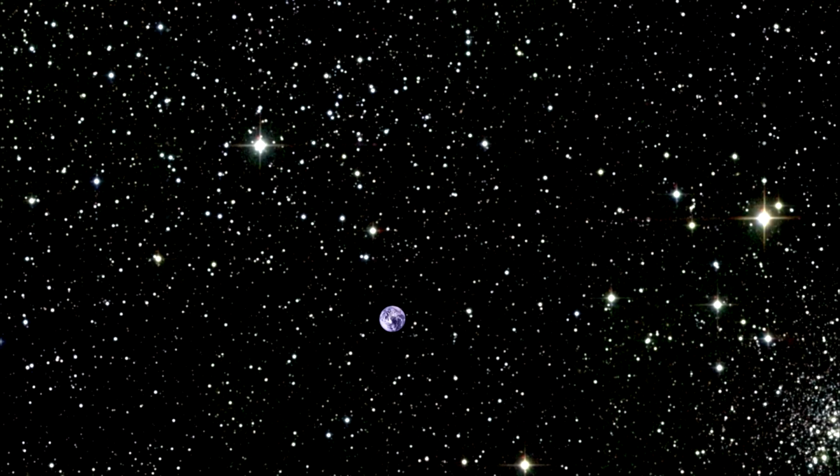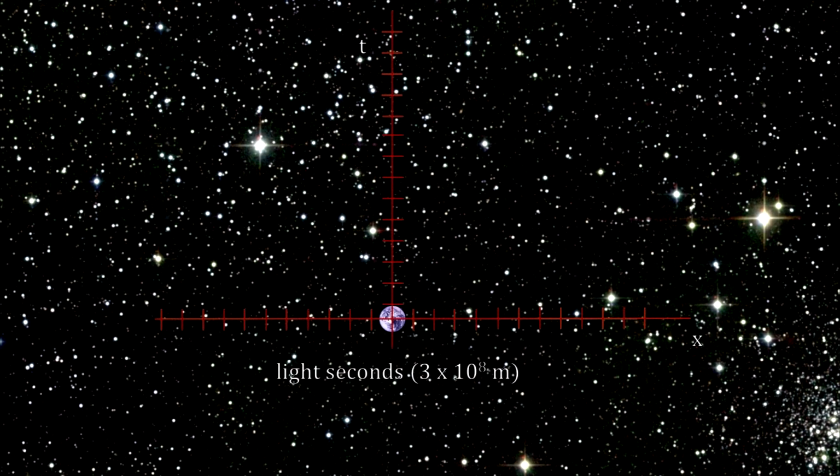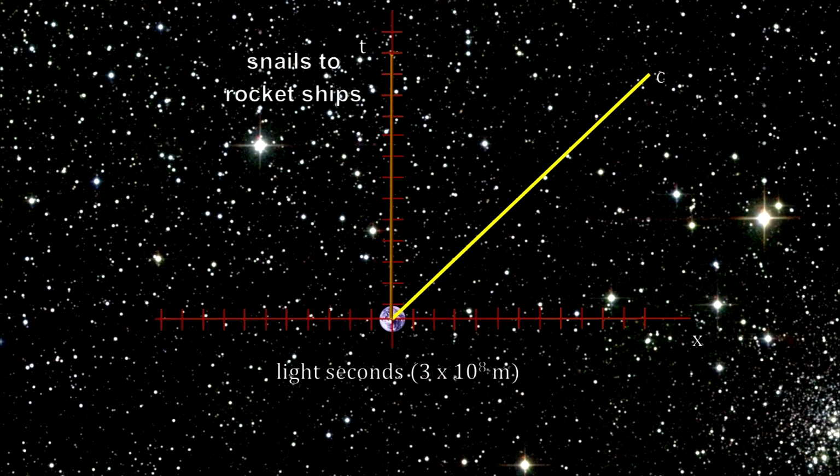We can now graph light using our space-time coordinates. For this, we use the distance light travels in 1 second for the units on the x-axis. This gives us the line running diagonally up the right side for light moving in the positive direction. At this scale, we cannot distinguish between the speeds achieved by snails, animals, cars, planes, and rockets from the line that represents standing still.